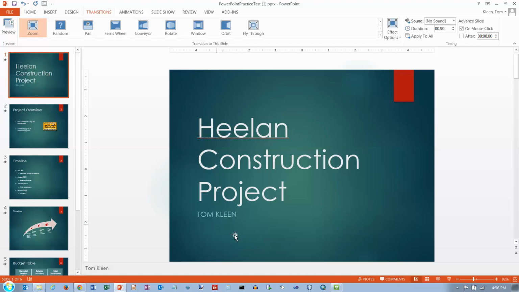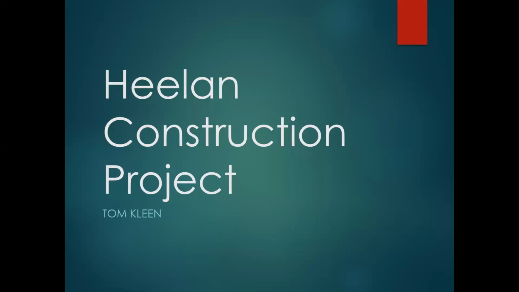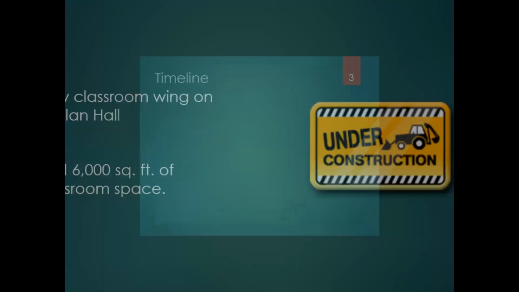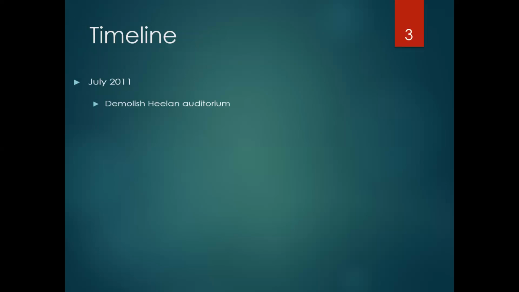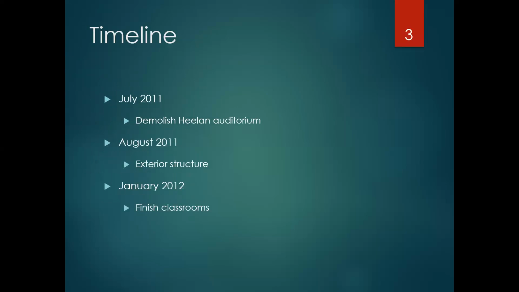So let's go here and we'll do a little preview. Okay, and here's slide 1, and there's slide 2, slide 3, and it looks like it's zooming. And then we're getting the bounce on the bullets here.